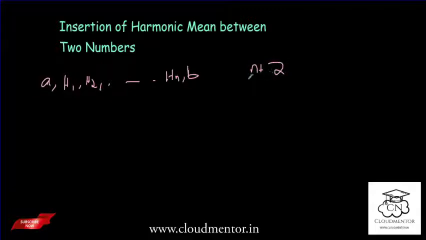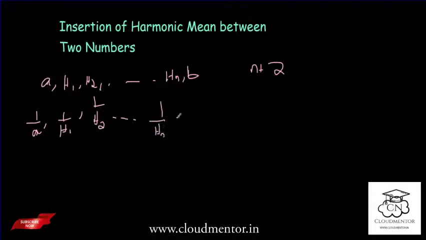and also 1 by a, 1 by h1, 1 by h2, etc. up to 1 by hn, 1 by b are in AP. If this is in HP, then the other one is in AP, that is the reciprocal.